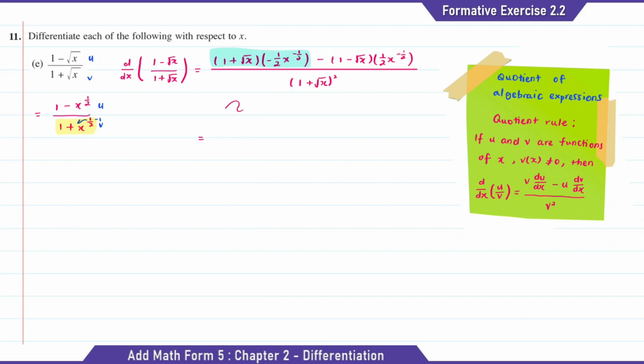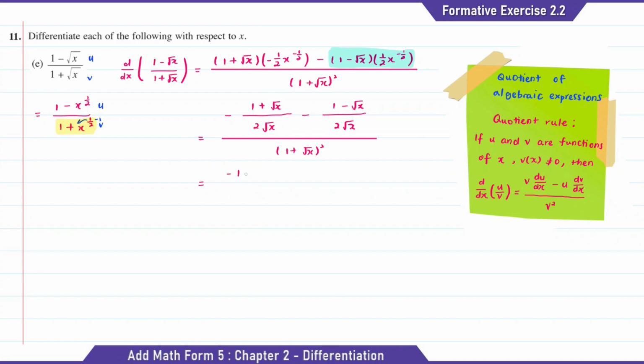For this part, I can write this as negative 1 plus square root x over 2x to the power of 1 over 2. And for the x to the power of 1 over 2, I can write this as square root x. Then minus this part, which is equal to 1 minus square root x over 2 square root x. So for the numerator part here, to minus this, the denominator is already the same. Therefore, we can solve it straight away.